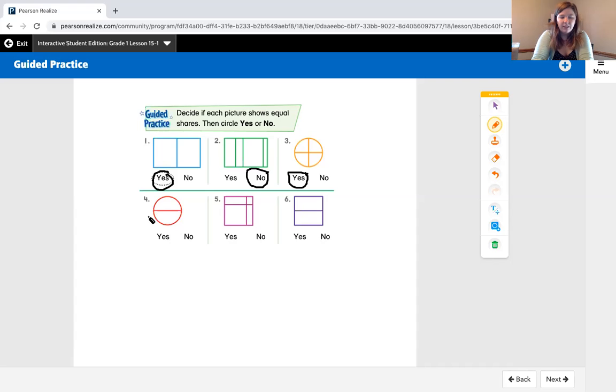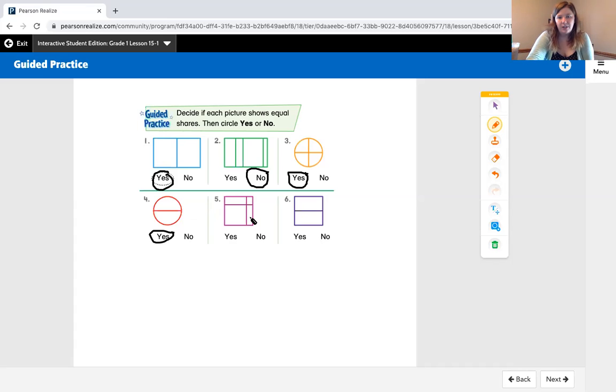Number 4. How many shares are there? 1, 2. Are they equally divided? Yes. Number 5. How many shares are there? 1, 2, 3, 4.